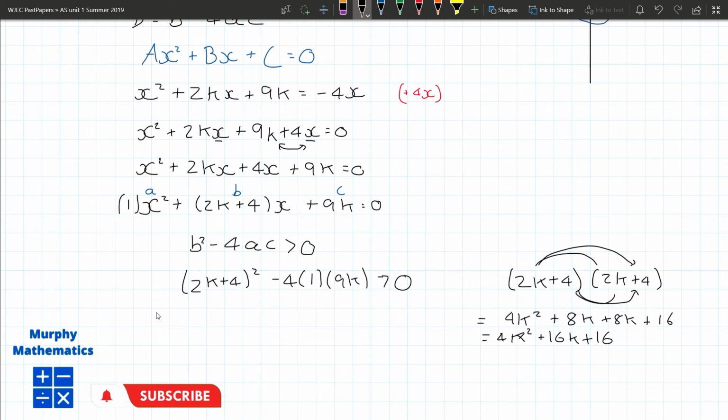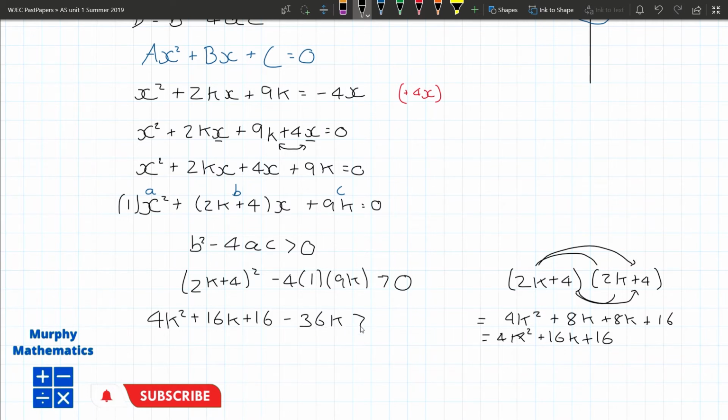So I can add that in: 4k squared plus 16k plus 16. And then we can multiply this out. We've got minus 4 times 9k, so that's going to be minus 36k.